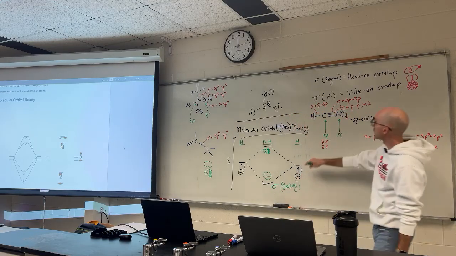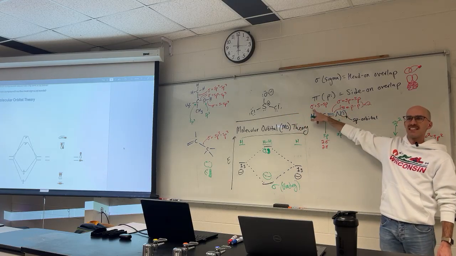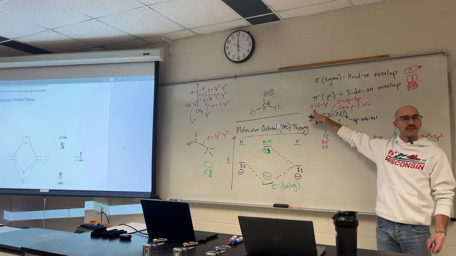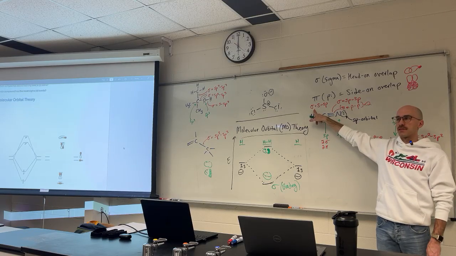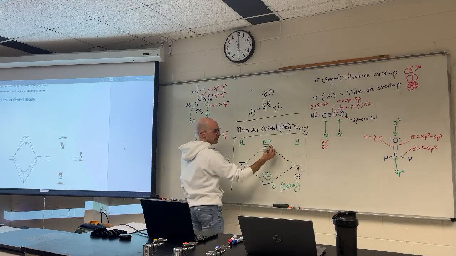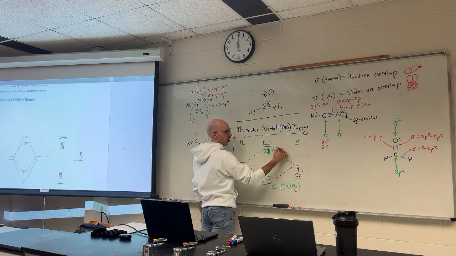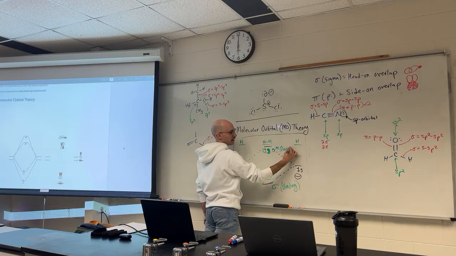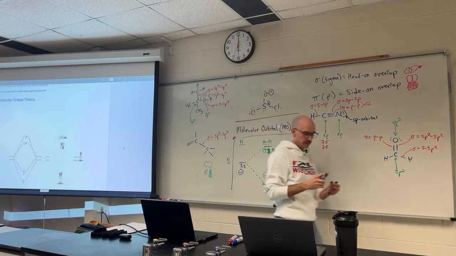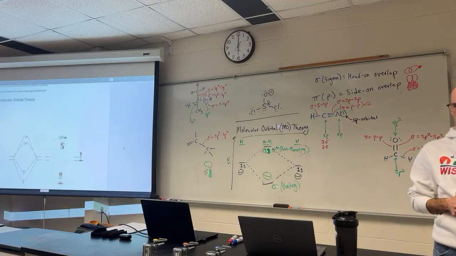And yes, this is the same symbol, sigma, that we used for single bonds, because that's the character it produces. When they combine destructively, we produce sigma star, which is anti-bonding.